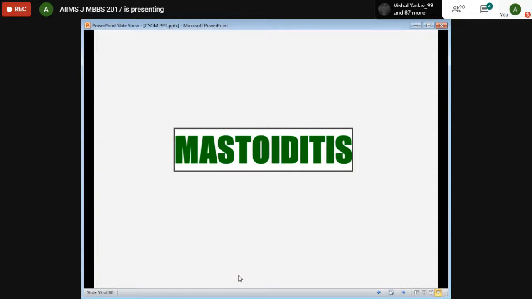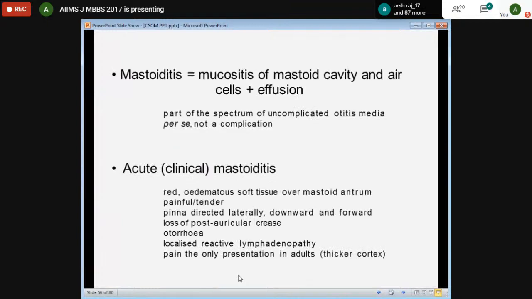Mastoiditis. Frankly, this is the most common complication which we encountered in all our patients of CSOM, among all the complications. Mastoiditis is basically a mucositis of the mastoid cavity and air cells, along with effusion, where fluid is present.